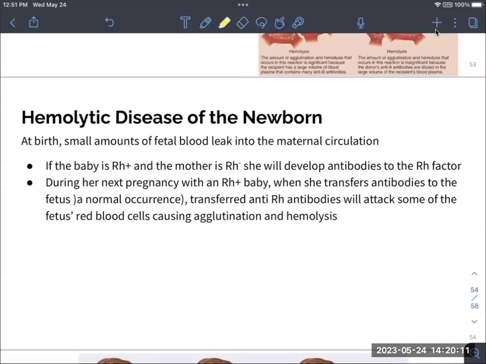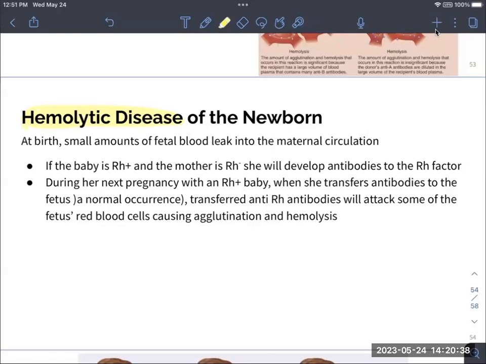This is why the mother, if you've ever had a child or know people who've had a child, needs to know your blood type. Because we have what is known as hemolytic disease of the newborn. Hemolytic: heme is blood cells, lytic is lysing, killing them off, breaking them down.